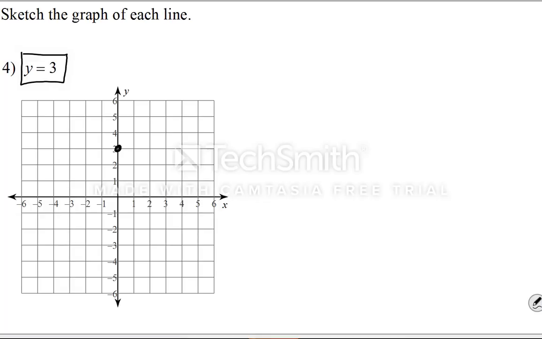We have to know if it's a vertical or a horizontal line. So this equation has no x. Therefore, it has to run parallel with the x-axis. Parallel means it can never touch it. So that is my line for number 4.